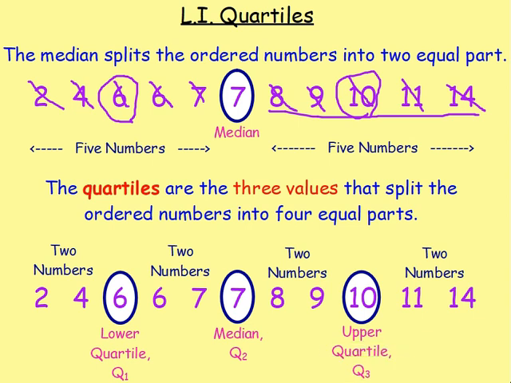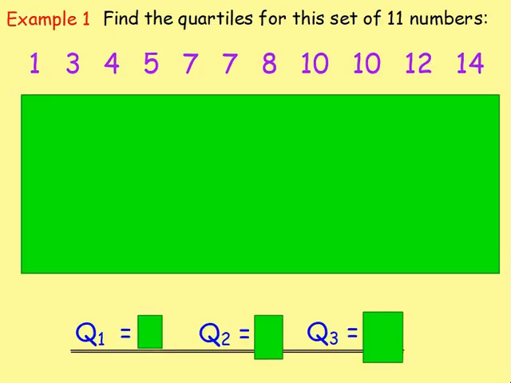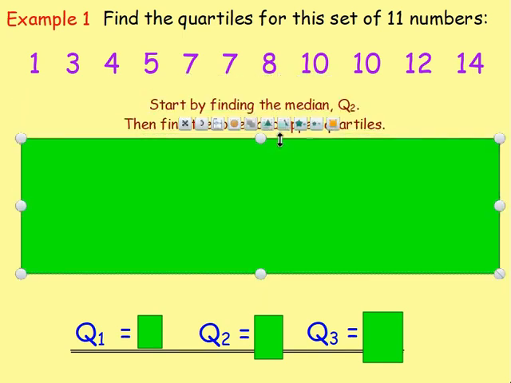Woo! So, let's try some examples. Example 1, find the quartiles for this set of 11 numbers. The best way to start this off is to always get the median. The median is known as quartile 2, or Q2.